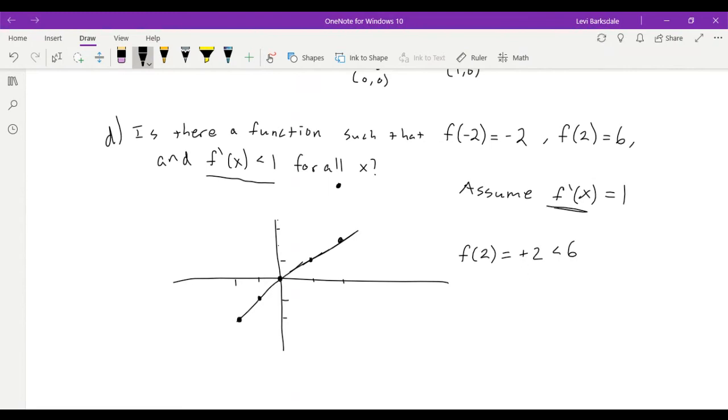But we assumed that f prime of x is bigger than it actually was. So our f of 2 value has to be smaller than this 2 we got from assuming a larger slope, so smaller than 2, which is in turn smaller than 6. Does that make sense?